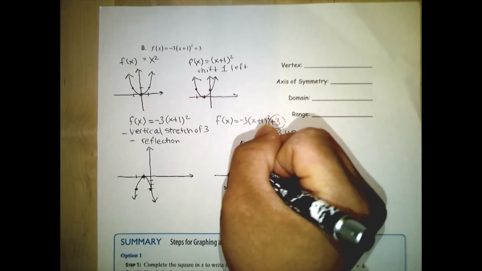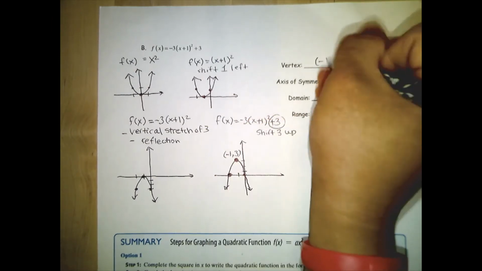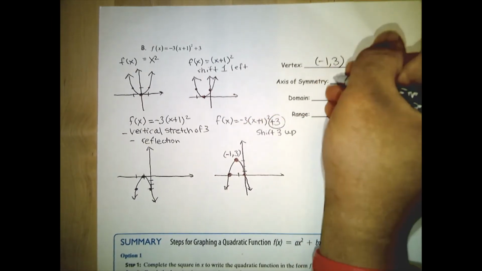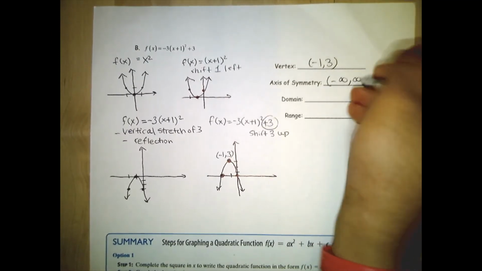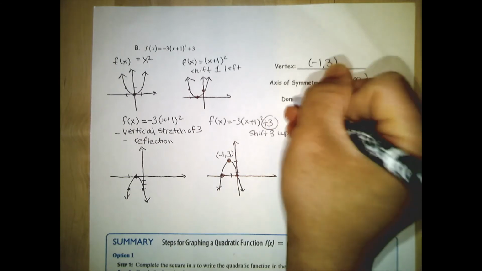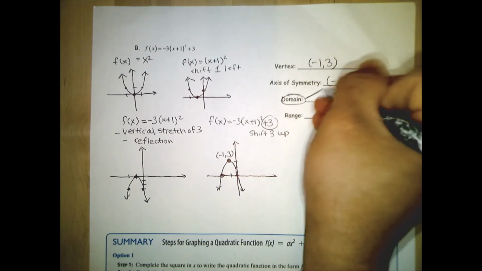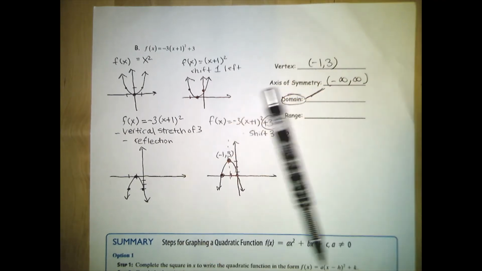So the vertex is the maximum, which is (-1, 3). The axis of symmetry is negative infinity to infinity, since this is a polynomial. Sorry, the domain. Okay, axis of symmetry is x = -1.